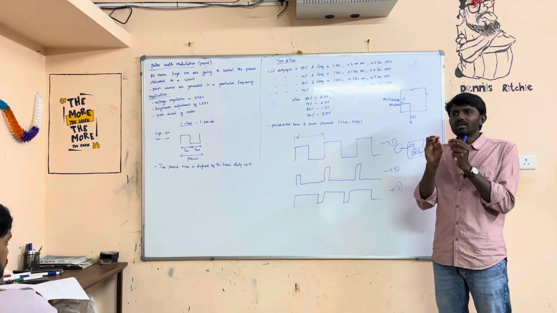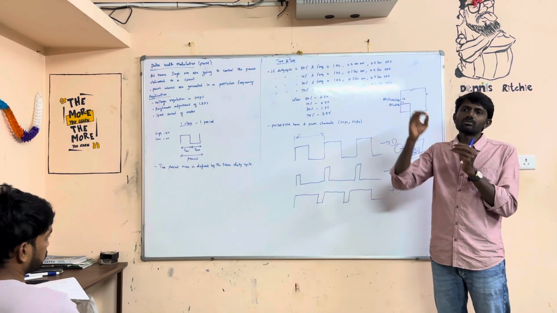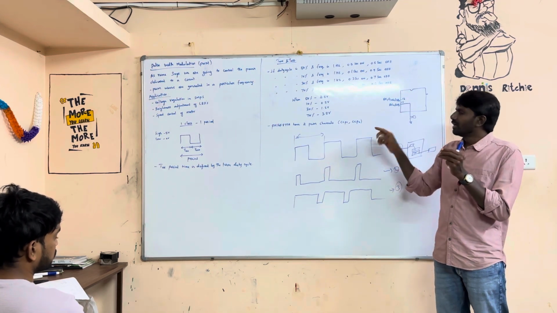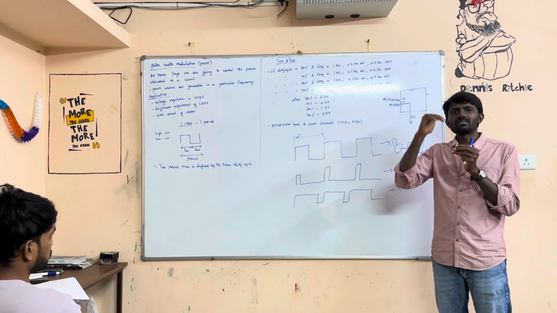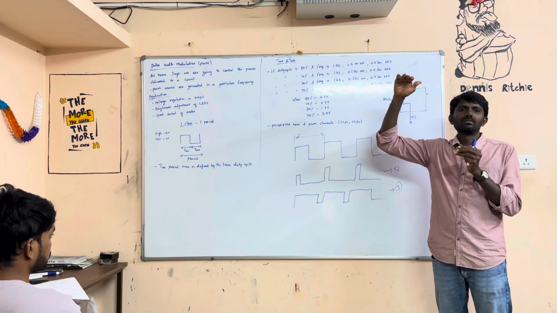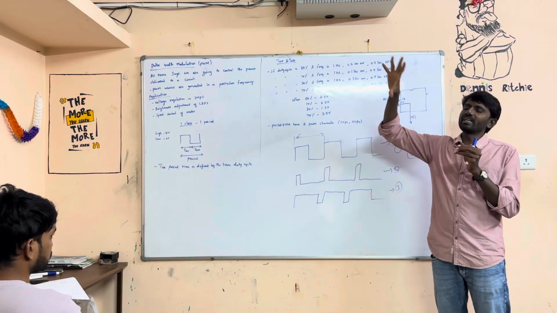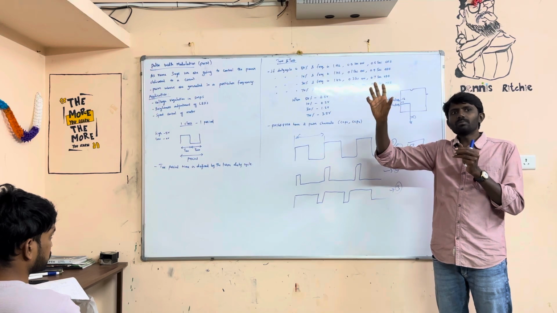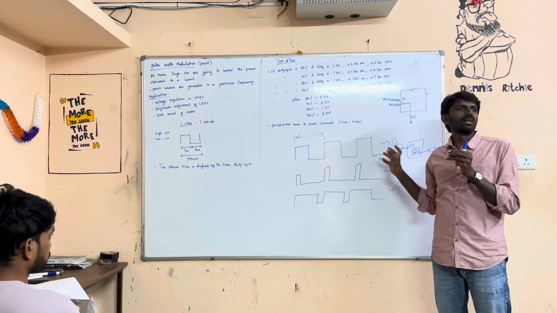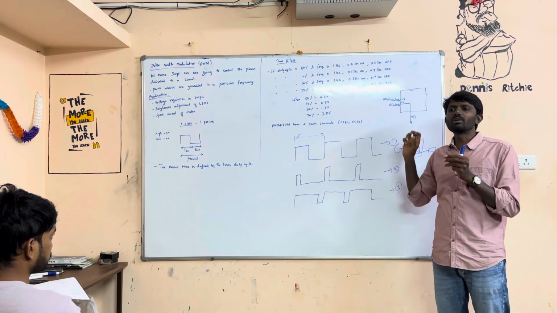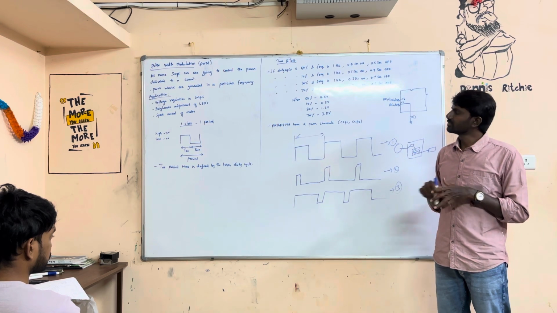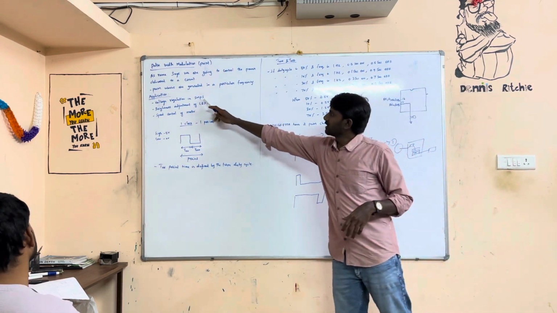Suppose you want to gradually increase the brightness. So slowly you give 10%, 20%, 30%, 40, 50, 100. Got it, right? Then slowly the brightness will increase. Again from 100 you gradually reduce the T-on, and gradually the brightness will decrease. Then voltage regulation of SMPS.